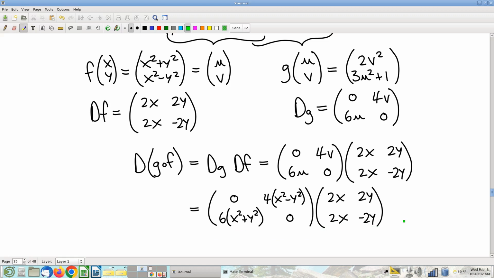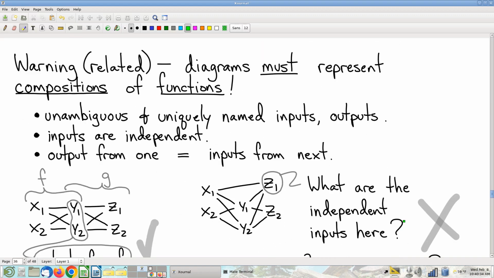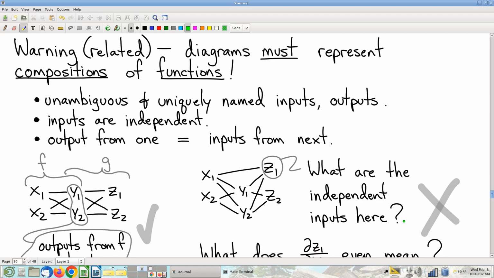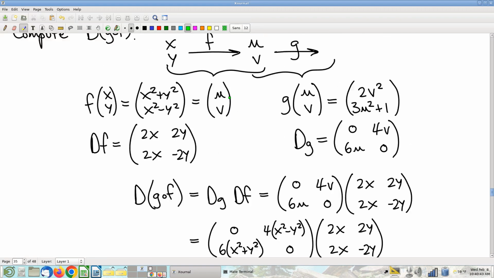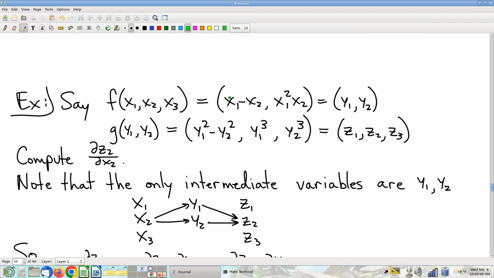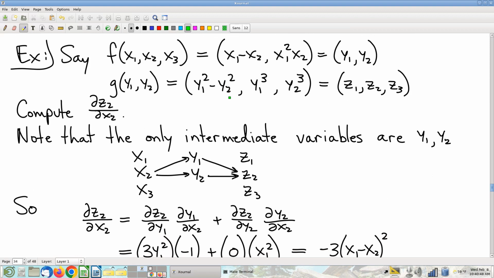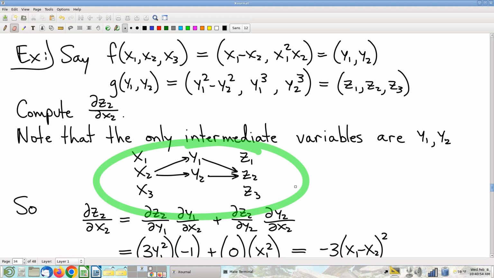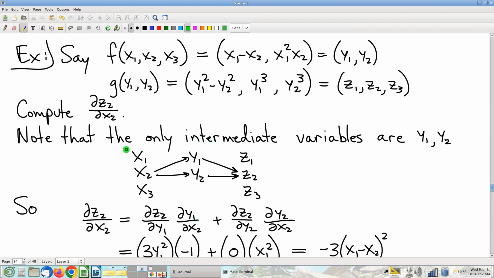Okay. Now here is another nasty little problem. These diagrams that we draw. Let me come back up here and remind you. Diagrams like this one, I draw, variables being related by arrows. Don't forget, this is a shorthand for a composition. That means that there's actually a function there called f. f has input variables and output variables.